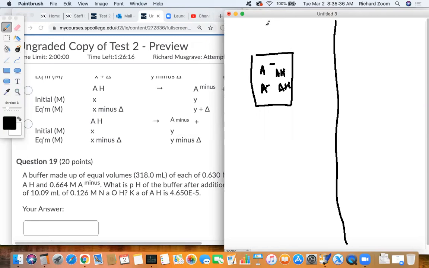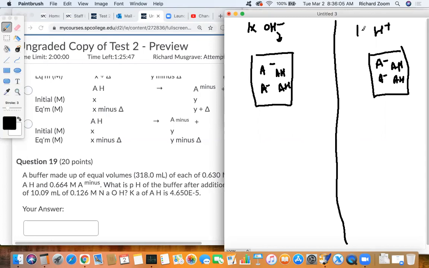And we add to that, we'll add OH minus on the first one. But I'm only going to add one OH minus. And in the case of the other one, it's going to be the same buffer. And this time I'm going to add H plus. And it's just 1 H plus that I'm adding here.